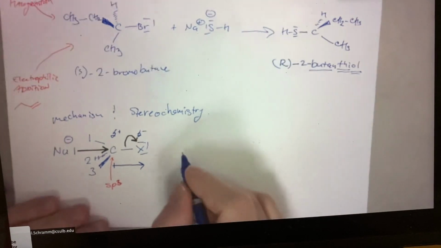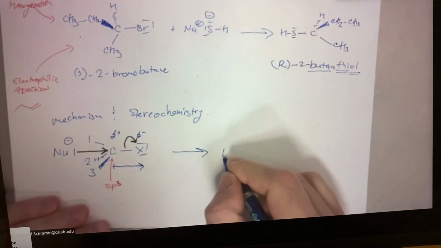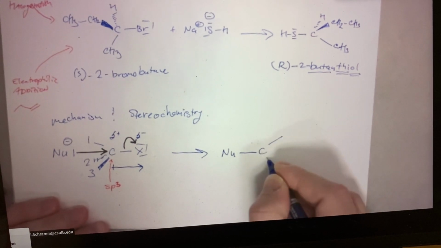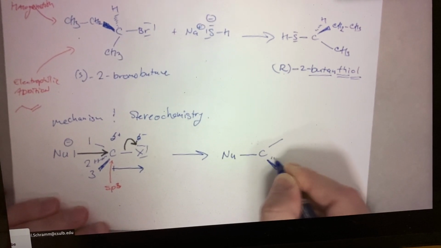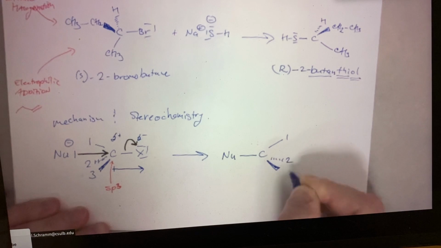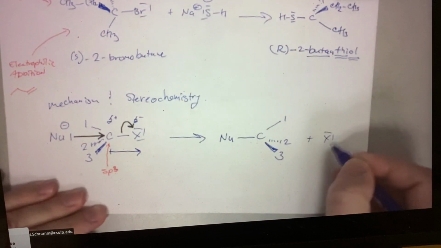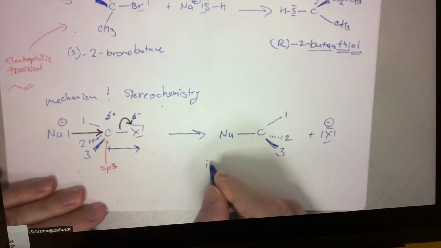The only key feature now is that we have to be aware that the stereochemistry, so-called, inverts. And this right here, how I've drawn this, would be an inversion of stereochemistry.